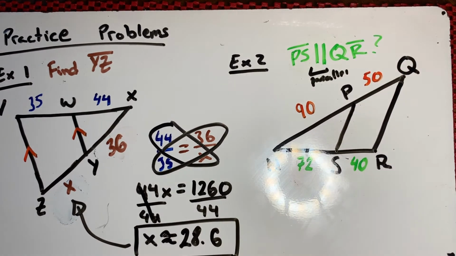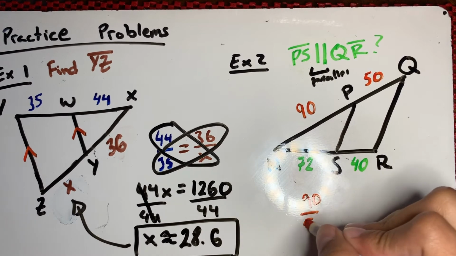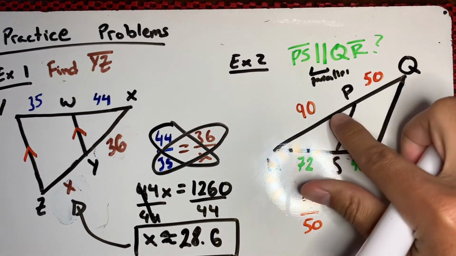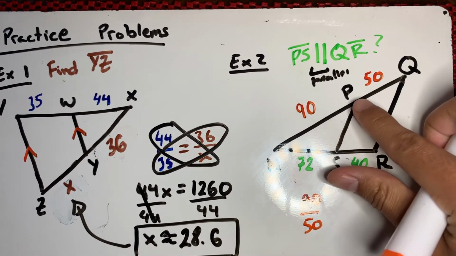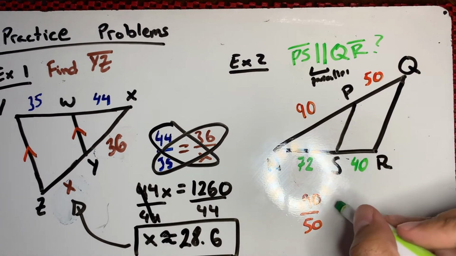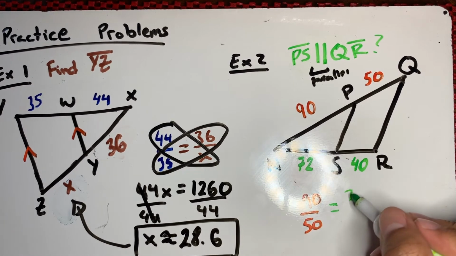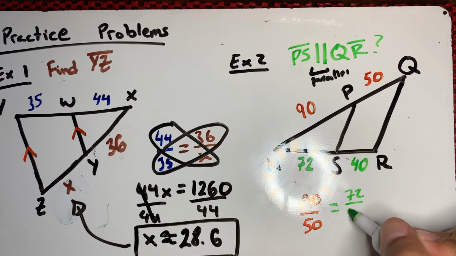So if I did 90 over 50, right? So NP over PQ should be equal to NS over SR, which is 72 over 40.